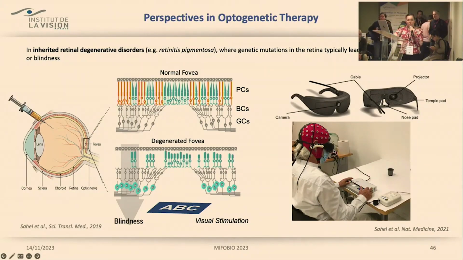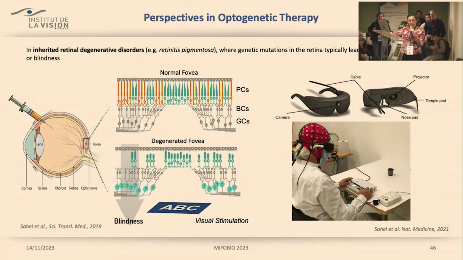It transformed this into a light signal that illuminated the ganglion cells where the opsin was expressed. And they showed that the patient was able to distinguish objects, to count the objects, or to perform such basic tasks, for instance to say which object was bigger or smaller.